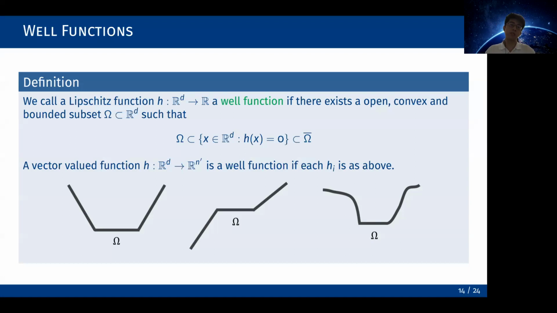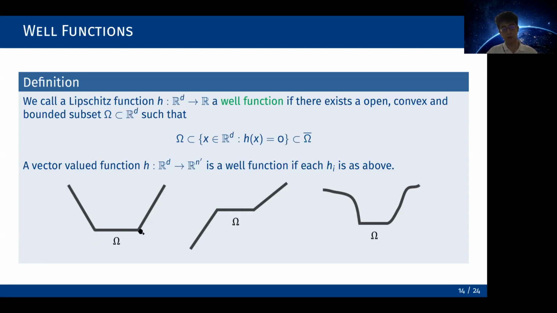The first definition we want to introduce is the concept of a well function. Let me just take a look at the picture and then you look at the words. A well function is a function where there's a bounded convex set on which this function is 0, and outside of it, this function is never 0. You can think of this first example: this is my convex set, which is an interval, and on it the function equals 0, and everything else is non-zero.